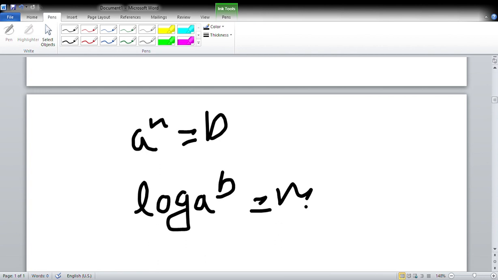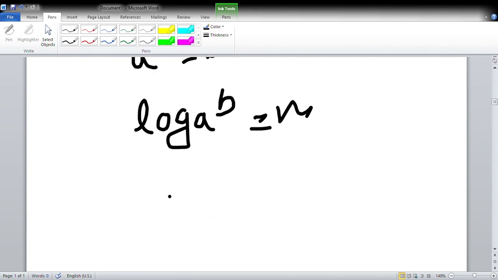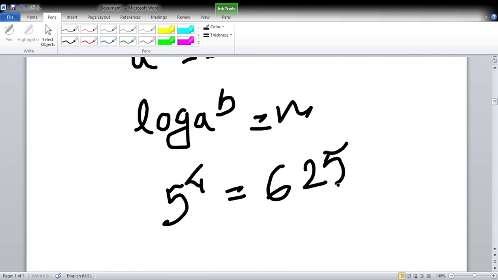Now the question is that on the very basic side, many students ask me how to read log, sir, how we can read log. So in the exponential form, if you write 5 to the power 4 is equal to 625, right? What is that?